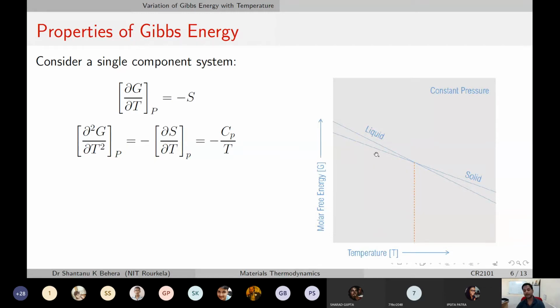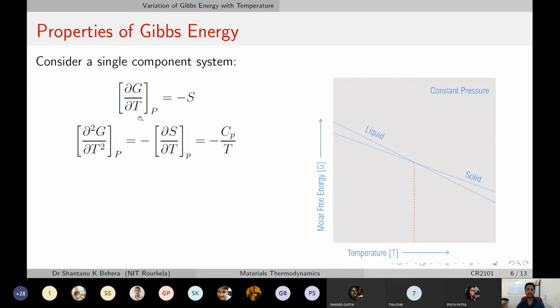Now you want to see that mathematical expression in this curve. You can pick any of the curves, for the variation of molar free energy or Gibbs energy of liquid water with temperature or solid water with temperature. It doesn't matter. Taking one individually, you'll see that this formula should apply. Entropy is always a positive quantity, so minus entropy has to be a negative quantity. And in this diagram, what is the partial of G by T?